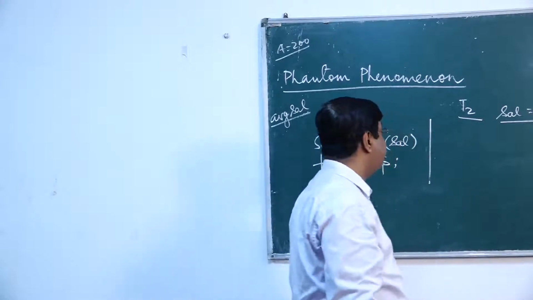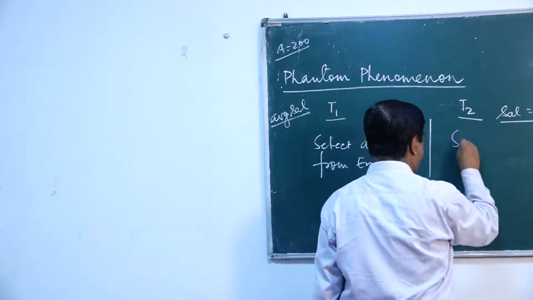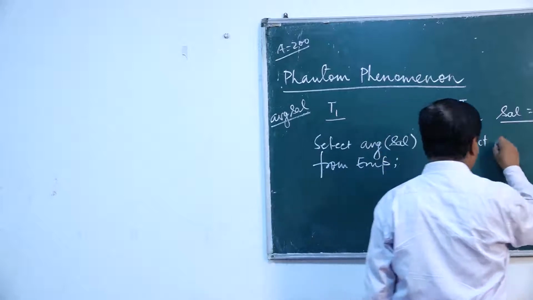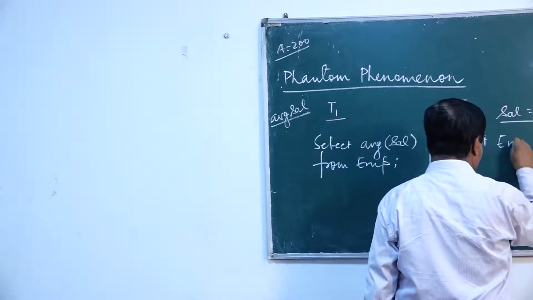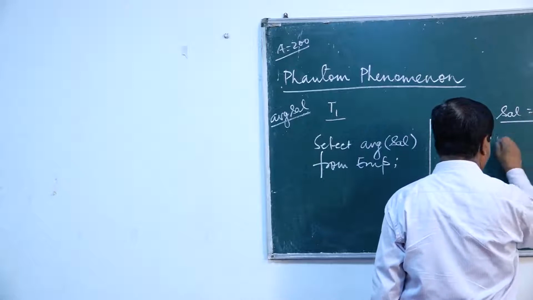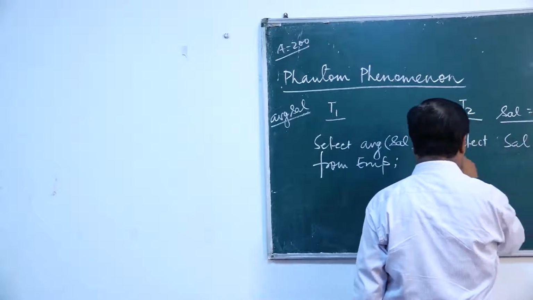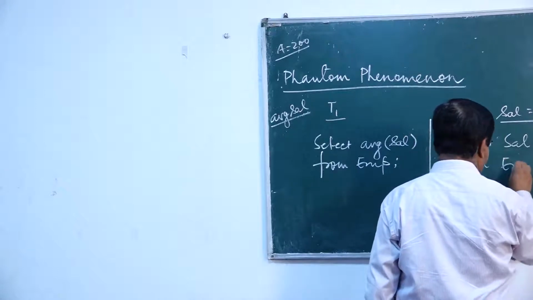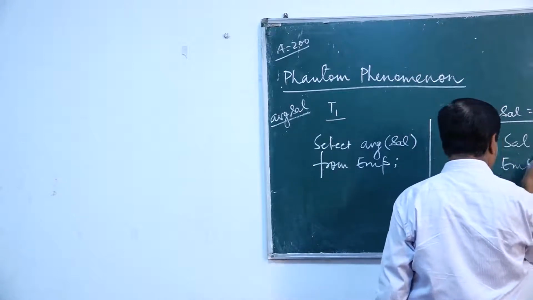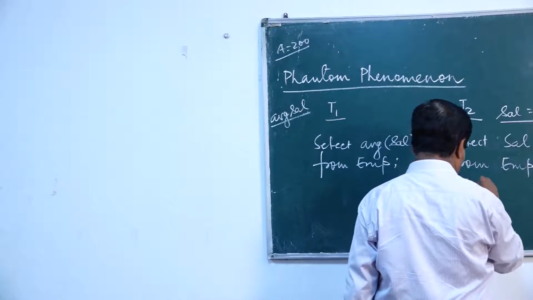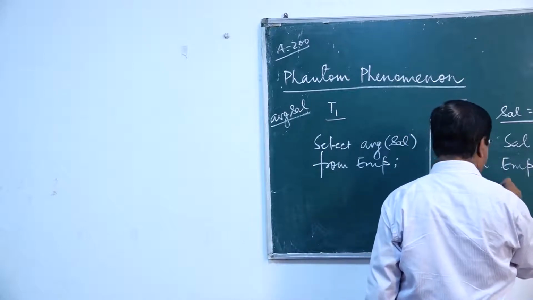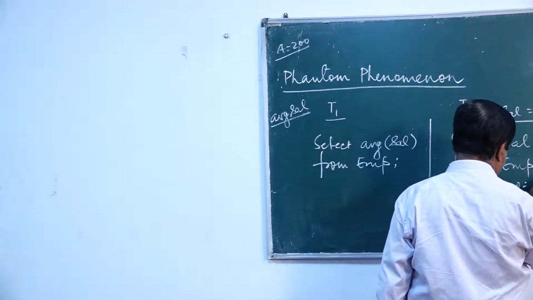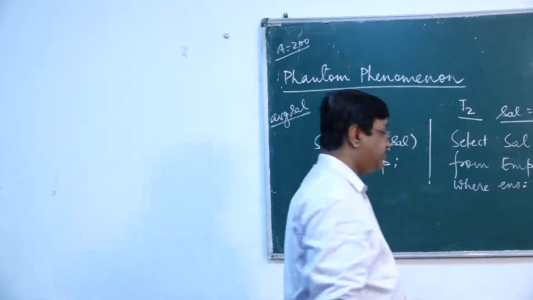Transaction T2: select salary from EMP where E number equals 120.